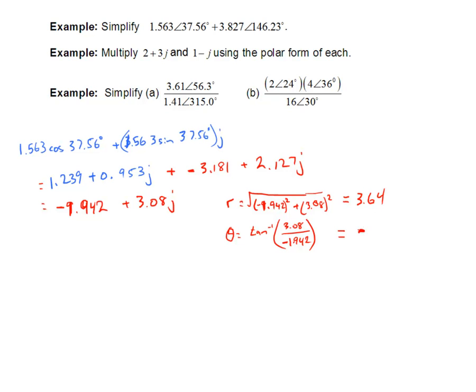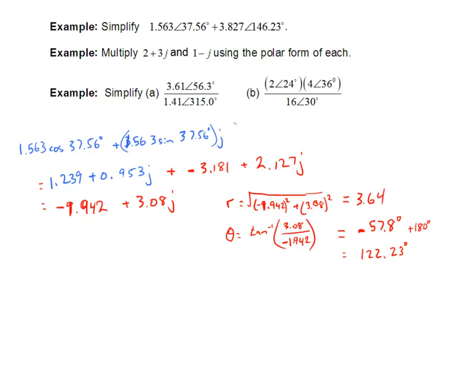If we do that, the two answers we get are 3.64 and negative 57.8 degrees. Of course, we don't want negative, we want an angle between 0 and 360. Negative 57.8 degrees, we need to make sure is in quadrant 2, so we're going to add 180, and that's going to tell us 122.23 degrees.